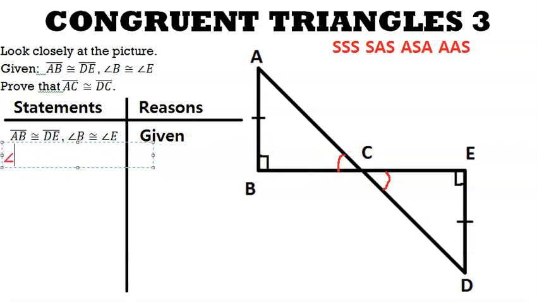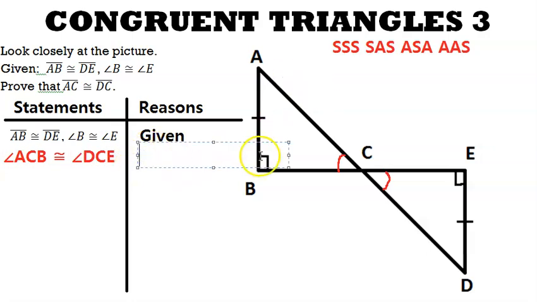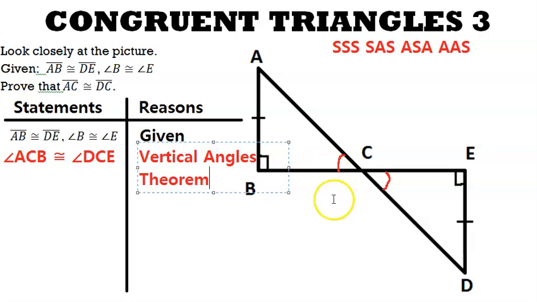I'm going to say angle ACB here, because if you are to follow along, you would go from A to C to B if you wanted to make that angle, and it is going to be congruent to angle DCE. All right, and I know that's true because both of them happen to be vertical angles. So we are going to use the vertical angles theorem.